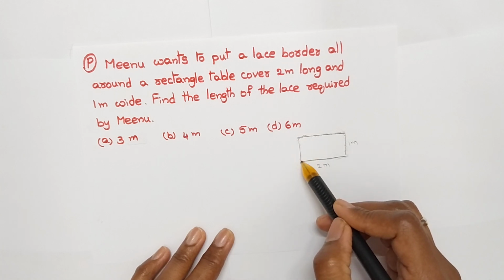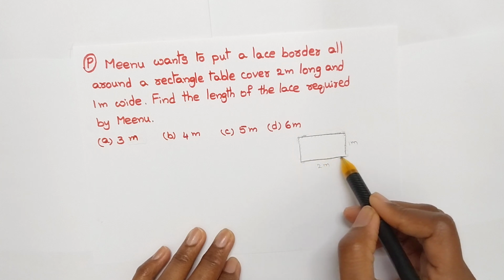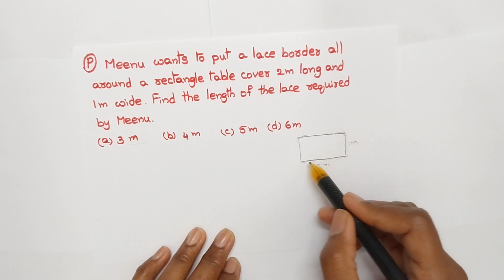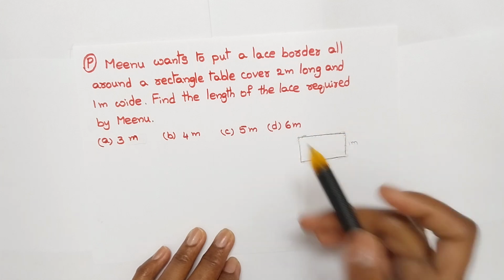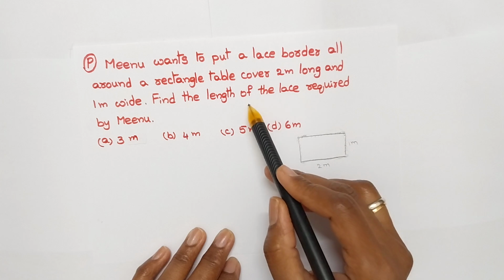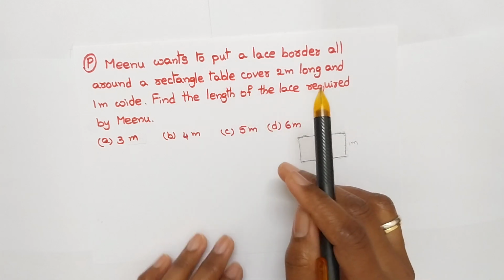We already discussed. So here the length of lace is also the same. The lace is also put along the edges of the table cover. So the length of lace is none other than the perimeter of the table cover.